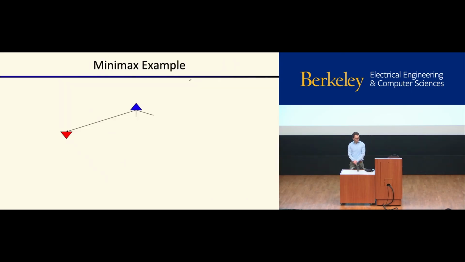So let's do an example. Let's suppose that this is our search tree. At the top, we have a player who's blue, and we're trying to maximize the blue player's utility. The first successor that we expand has a red node, so we're trying to minimize utility there.